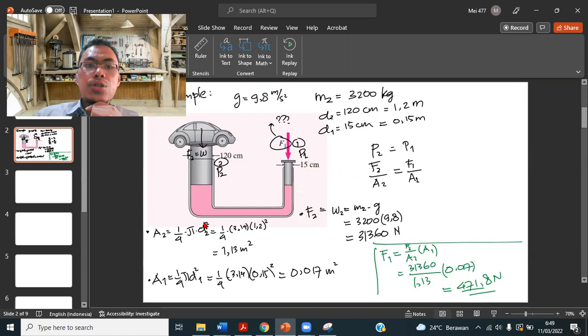But using Pascal's law, we only put 471.8 Newton to lift up this kind of weight.